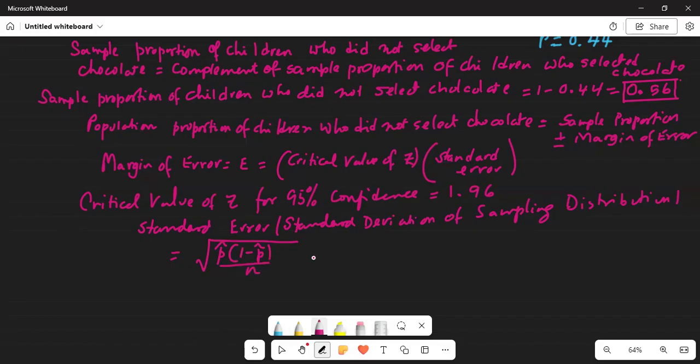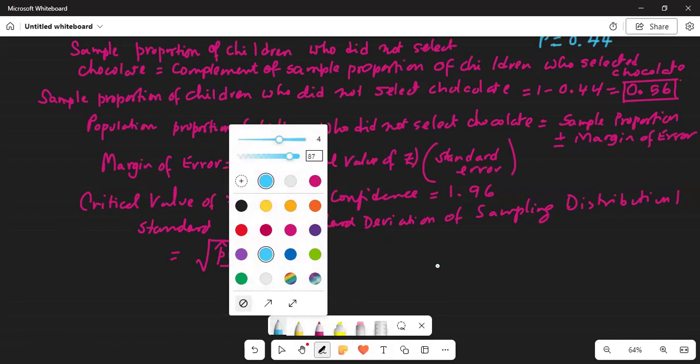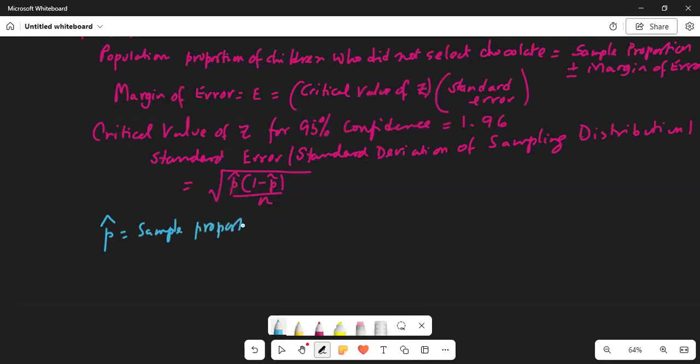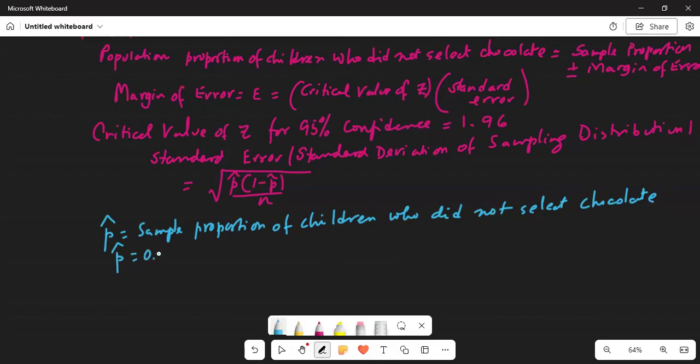In our case, our p hat is 0.56. p hat is the sample proportion of children who did not select chocolate, and previously we showed that p hat is equal to 0.56.